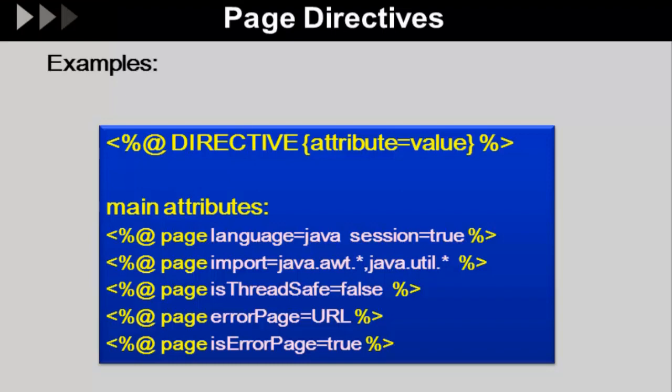If you feel that your code is doing that, then you have to tell the compiler, or the container, not to allow more than one thread to simultaneously access this page. Halt them, because if more than one client is accessing it, it may end up in unexpected problems.